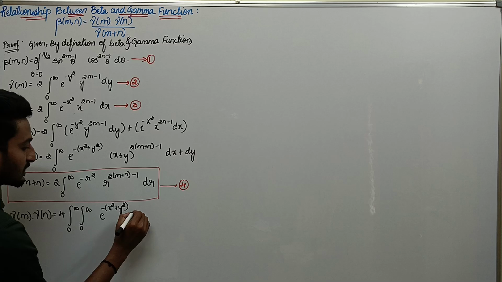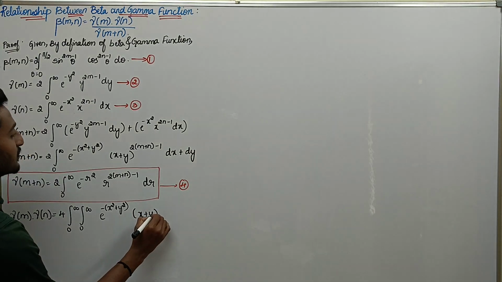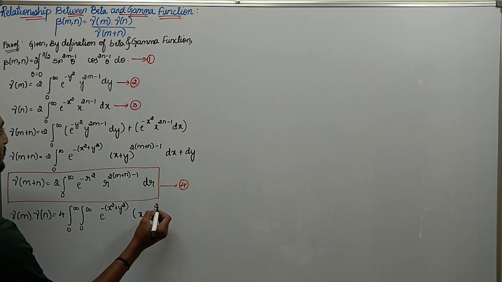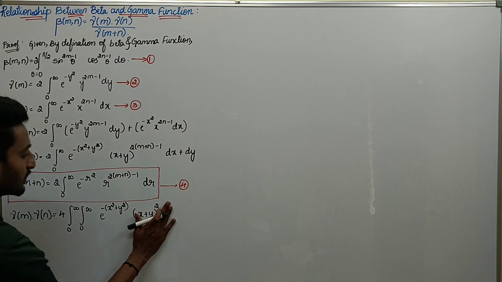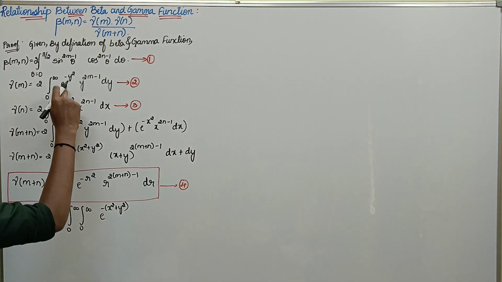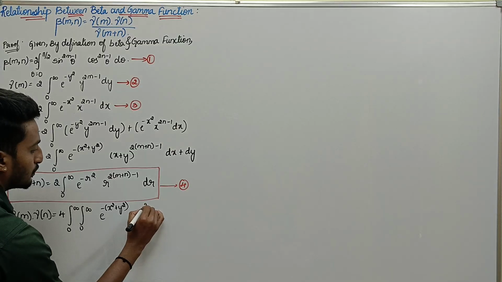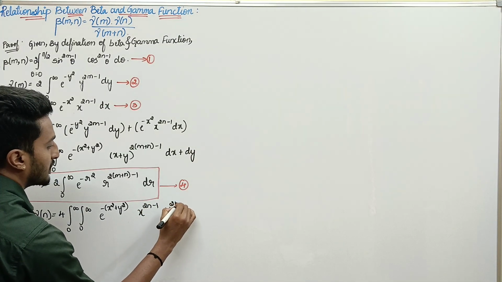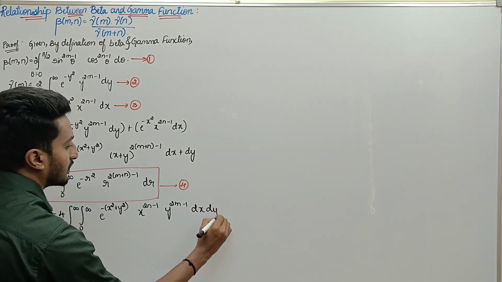Next again x plus y into 2. Since I am multiplying, I can represent these two, and x to the power of 2n minus 1 and y to the power of 2m minus 1 remains same, into dx into dy.